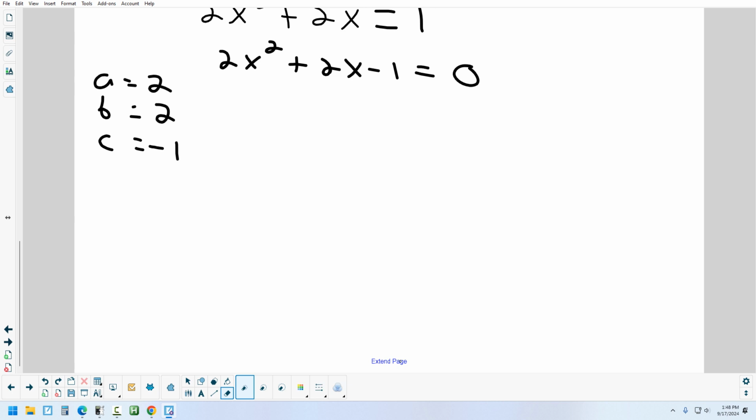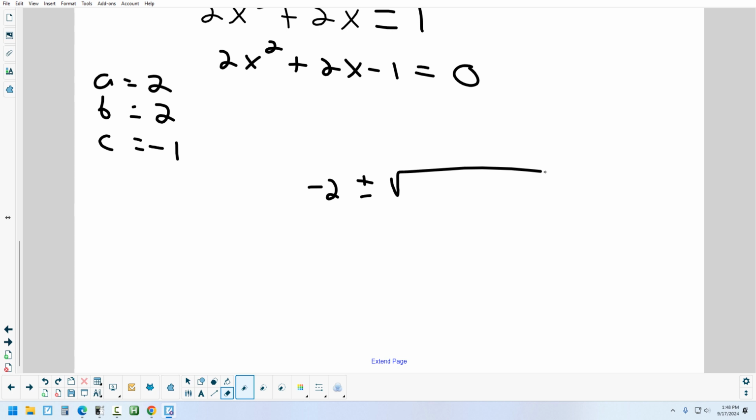What's the first thing I write down as I start to fill in that formula? Negative 2. Yep, negative B. Good. Plus or minus. Yep, you got a plus or minus.